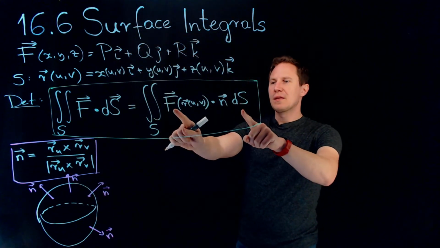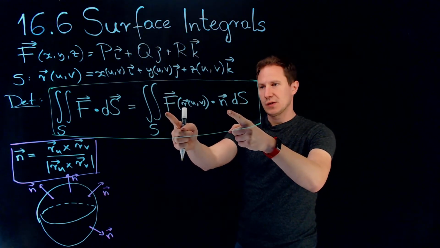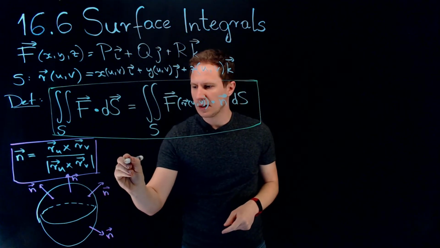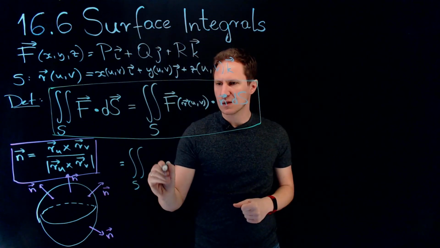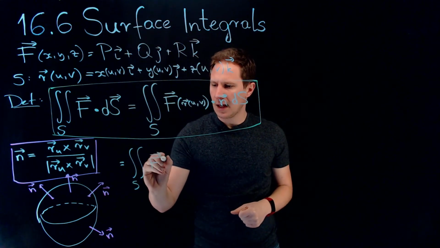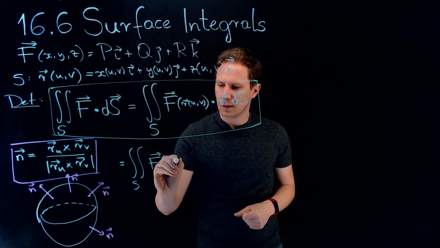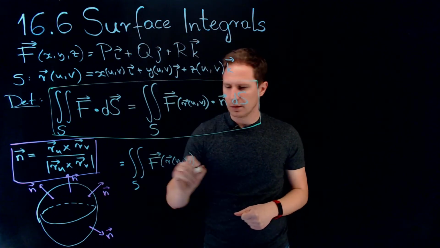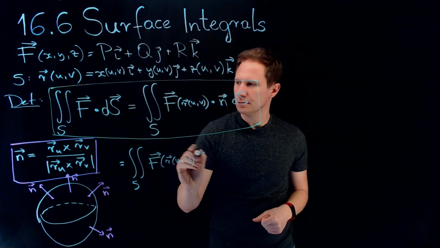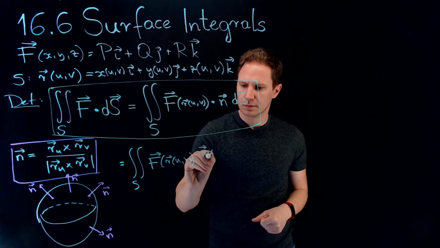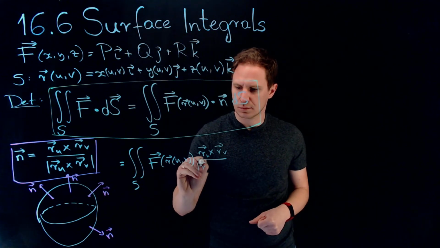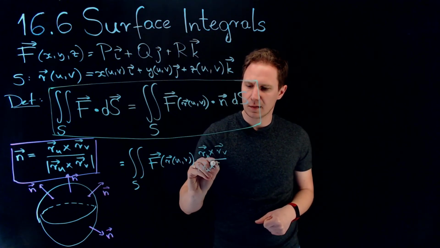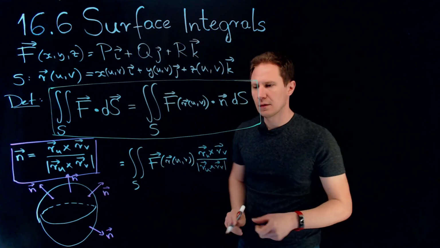But we've seen that the surface integral of a function such as this, if I continue with these formulas and write n like so, I will get some simplification.